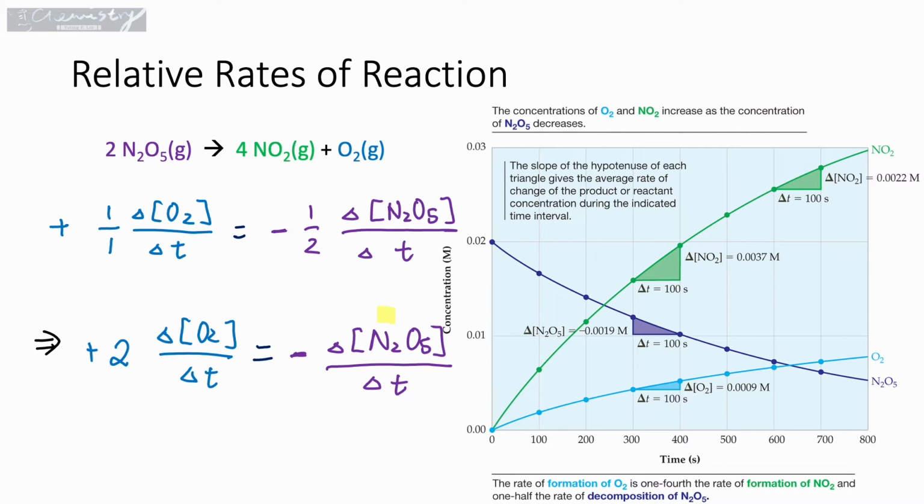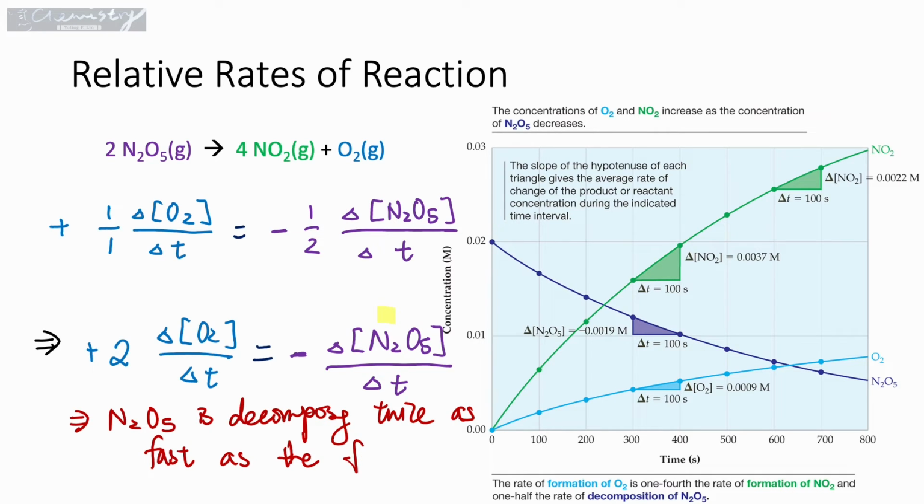This means that the N2O5 is decomposing twice as fast as the formation of O2. So for every 1 N2O5 that is being used, half of the O2 is produced at a given amount of time.